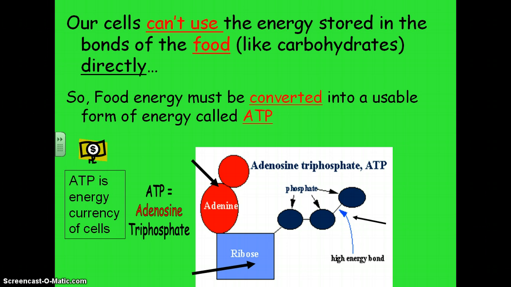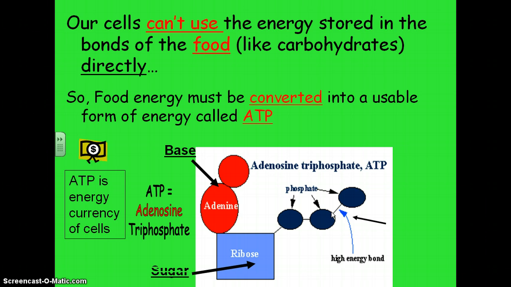ATP stands for adenosine triphosphate, and if you look over here, the triphosphate means that there are three phosphates, 1, 2, 3, and those phosphates have bonds, and this last bond is a high energy bond, right there, that third bond.